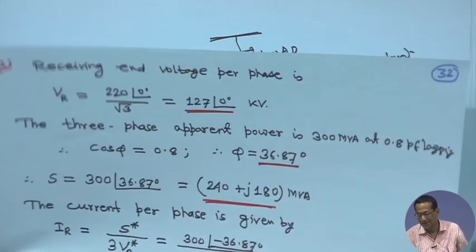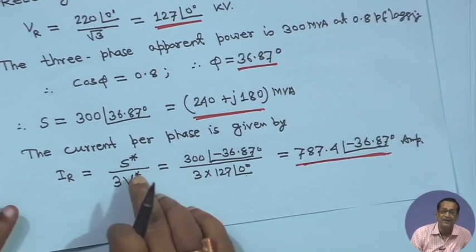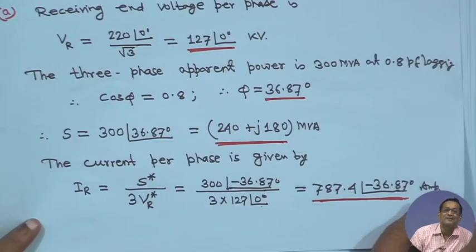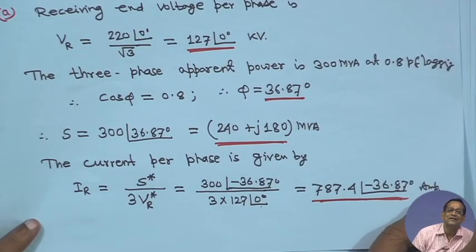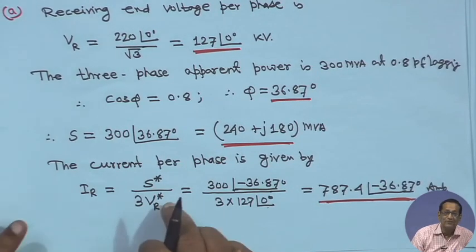I hope you will be knowing this. This conjugate business will come at the time of load flow studies, after completing all this transmission line performance and characteristics, but the conjugate thing should be clear.